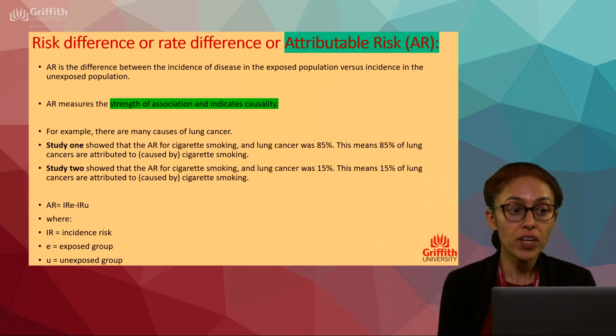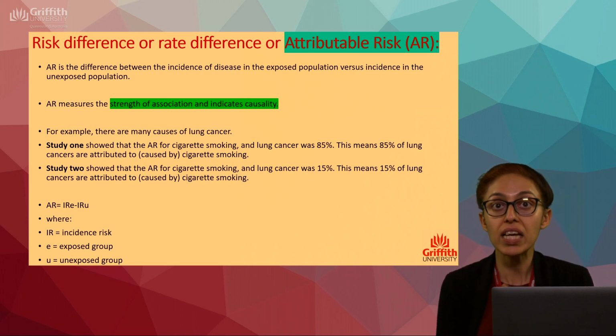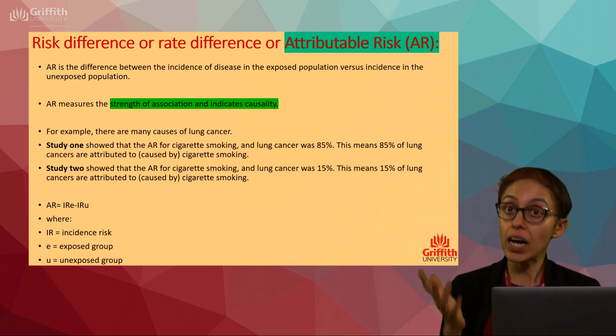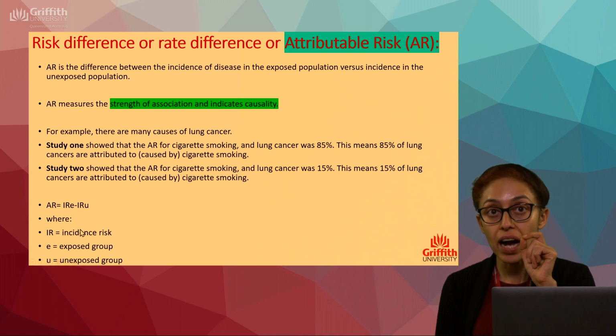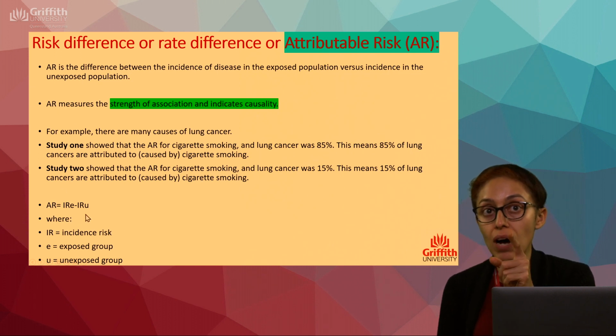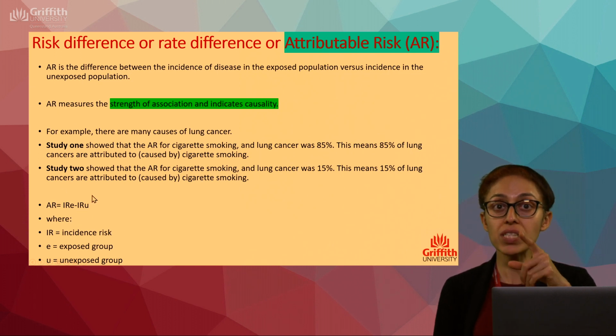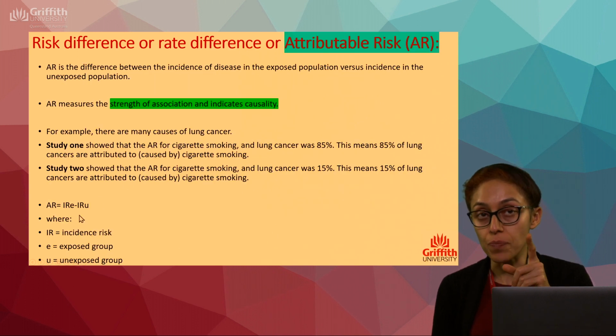Alright, so over here it's the same concept, which is attributable risk is the difference between the incidence of disease in the exposed population versus incidence in the unexposed population. So IRE and IRU are the same, but look at the term, it's the difference between, okay. So therefore you have a subtraction. Previously you had a division, alright, here you have a subtraction, okay.